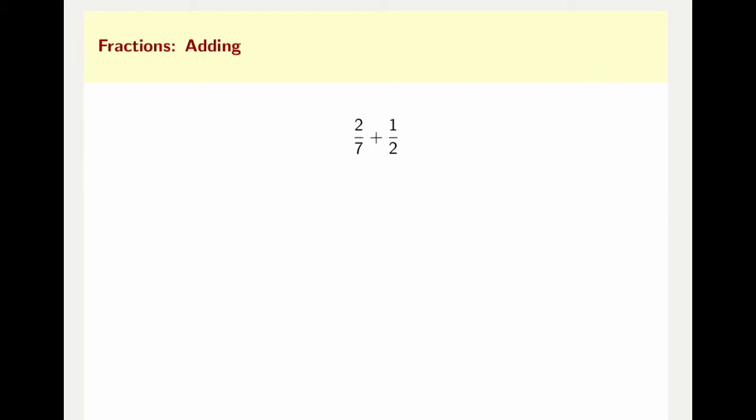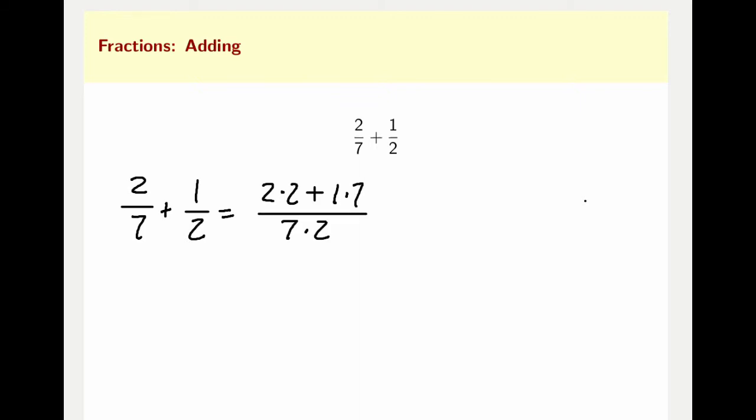Done. And one more. 2/7 plus 1/2. Again, cross multiply. Now I have 4 plus 7 over 14, which equals 11 over 14. Done.